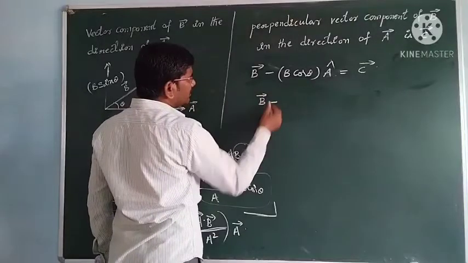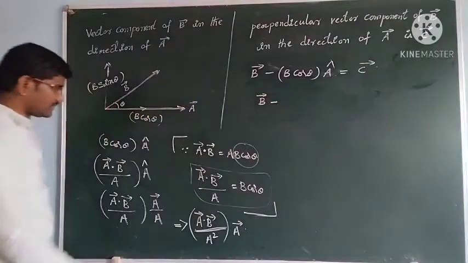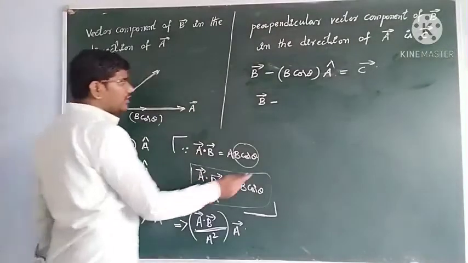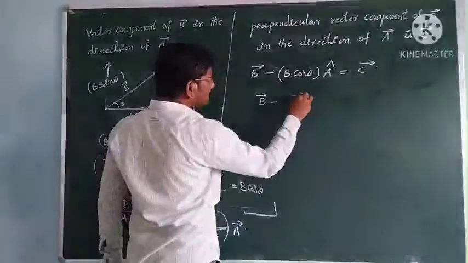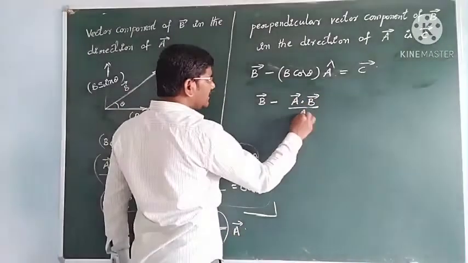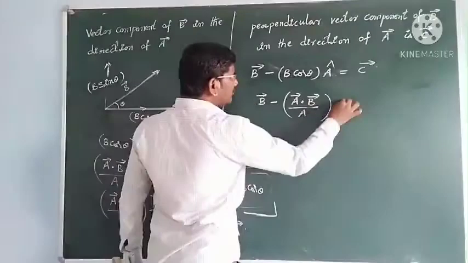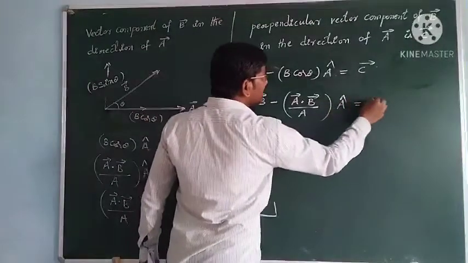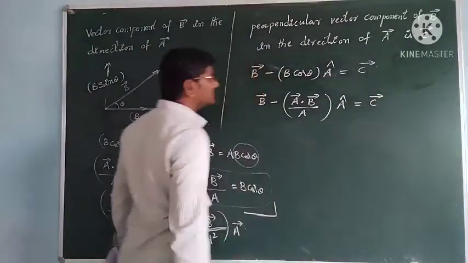Then B bar minus B cos theta. B cos theta means A bar dot B bar by A, into A cap. That is equal to C bar we will get.